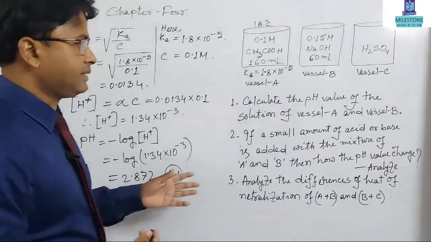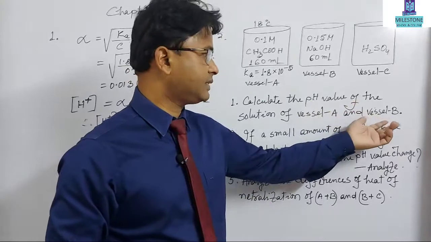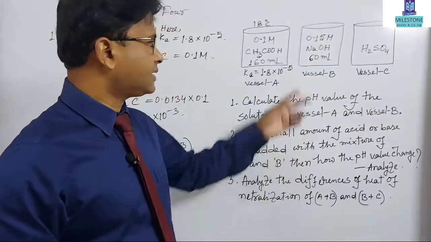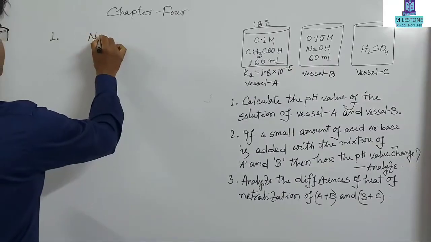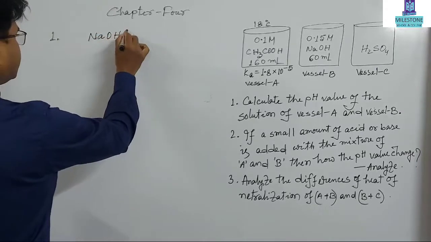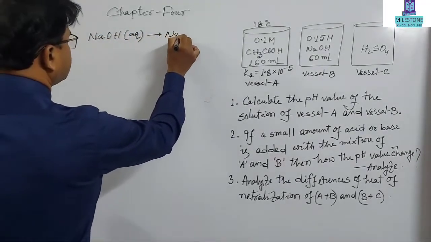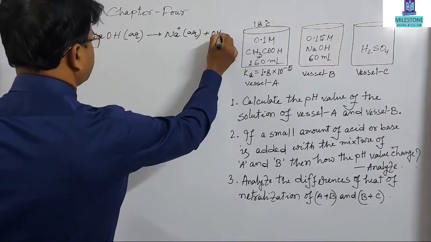And the second part of the question: calculation of the pH value of Basil B. Basil B contains sodium hydroxide. Sodium hydroxide aqueous solution ionizes to produce sodium ion and hydroxide ion.